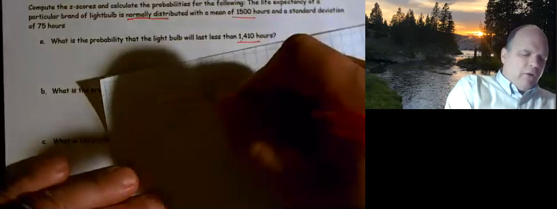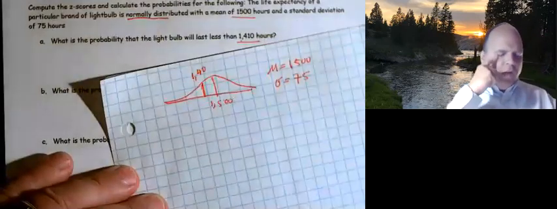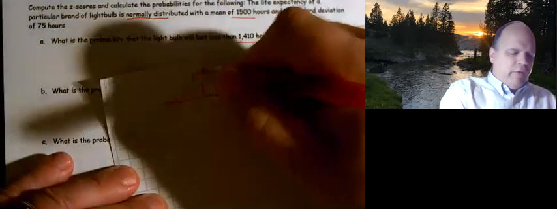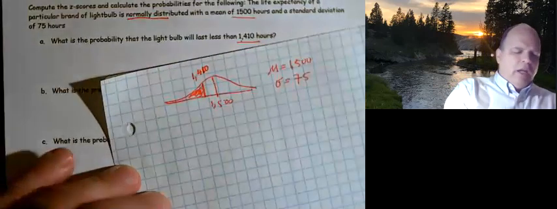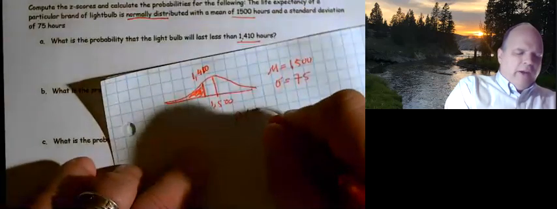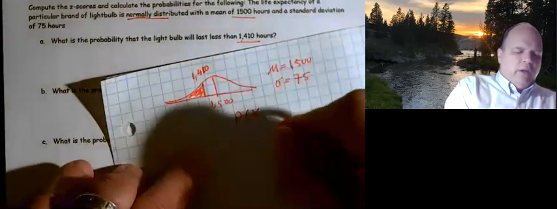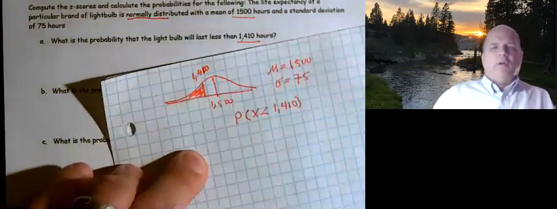So somewhere below 1,500 is 1,410. And since it's less, I'm going to shade it that way. And I'm going to write it like this: the probability that some value x is less than 1,410. That's what we're looking for.